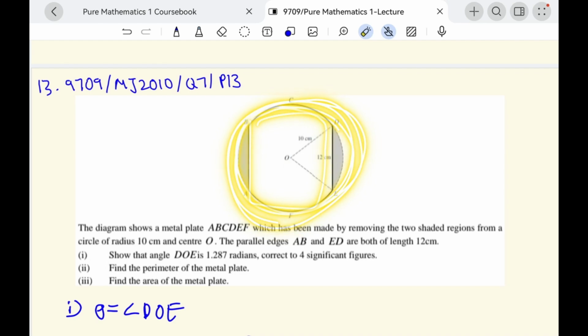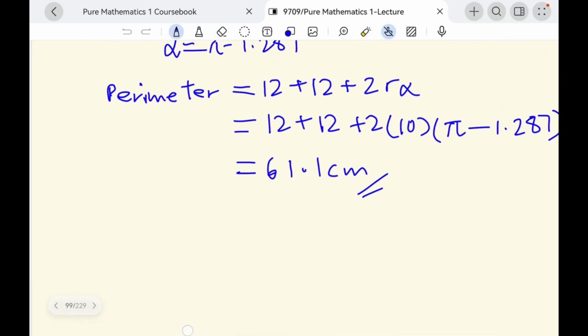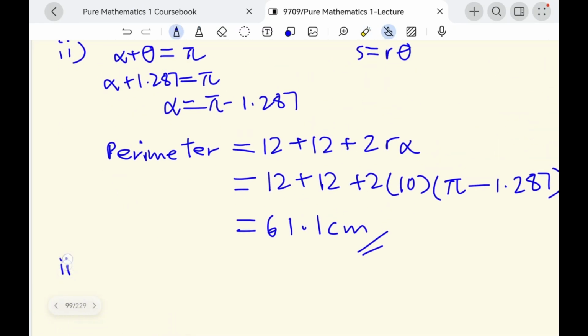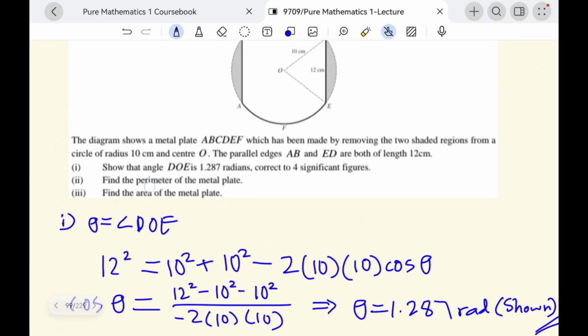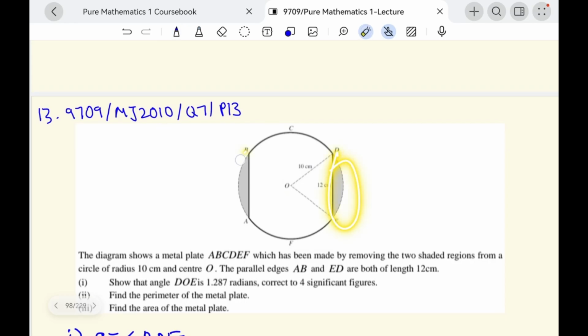As I said before, you must remove the two segments, which means the area of the metal plate equals the area of the whole circle minus twice the area of the segments, since the segments are both identical.